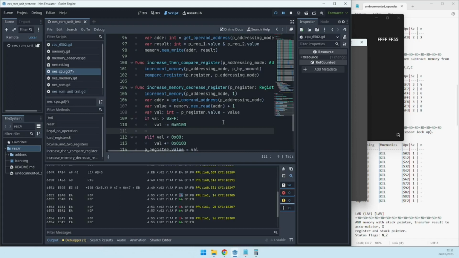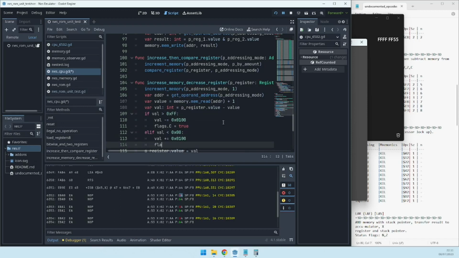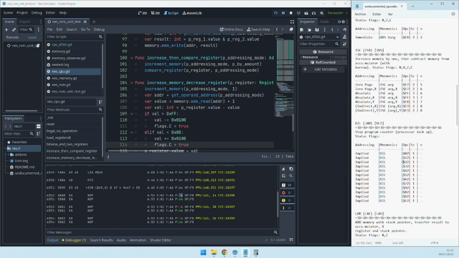I think in these two cases carry should be set. Is it? Or is this overflow? When is carry meant to be set?